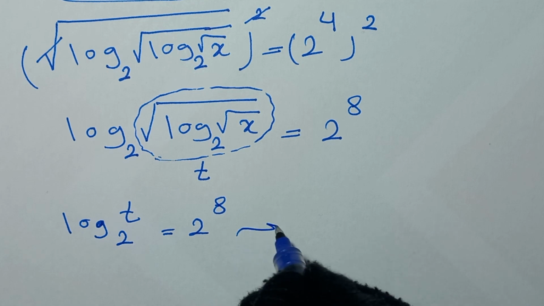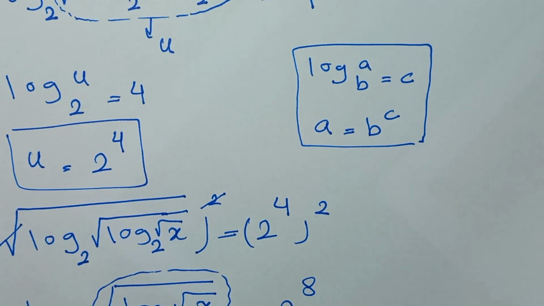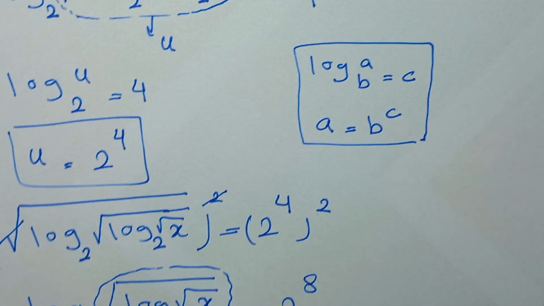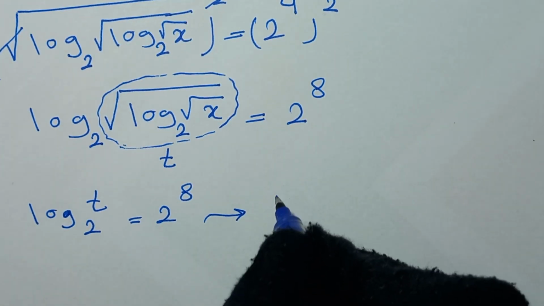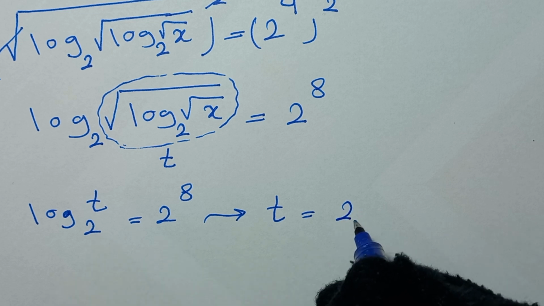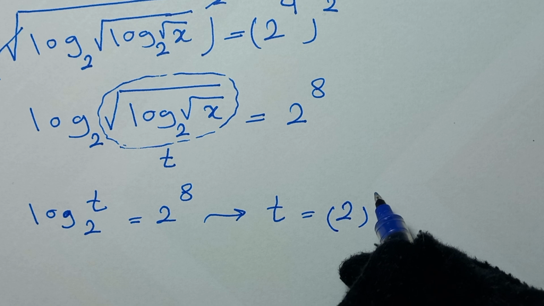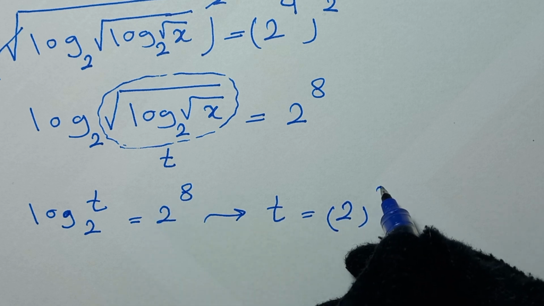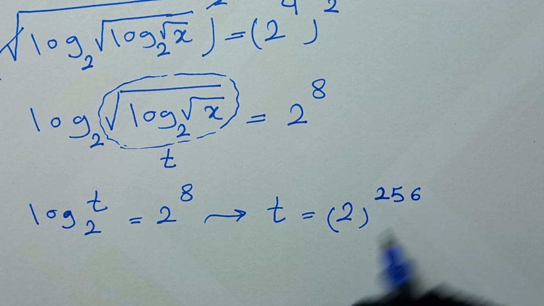From this formula, log of a to base b equals c, so a is b to the power of c. Here t is equal to 2 to the power of 2 to the power of 8, and 2 to the power of 8 is 256, right?